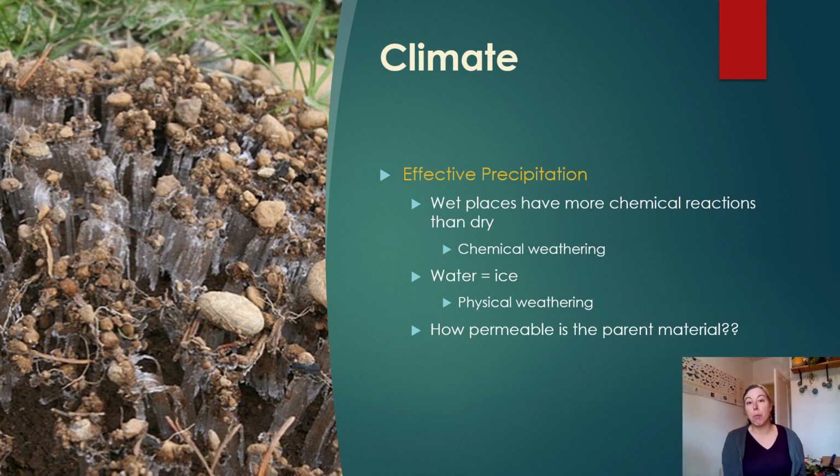So it really depends on how permeable the parent material is, because a permeable rock will allow water to flow inside of it and then freeze and break it, whereas with an impermeable rock, the water is just going to flow over top, and it might affect the surface of that rock, but it's not going to get inside of it. But then if other things get inside and crack that rock and give holes that allow the water to get in, then you can have more physical weathering.